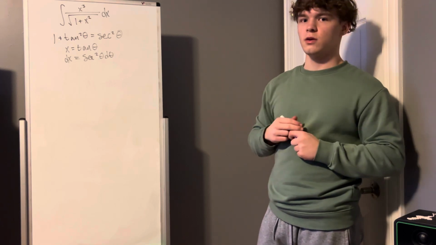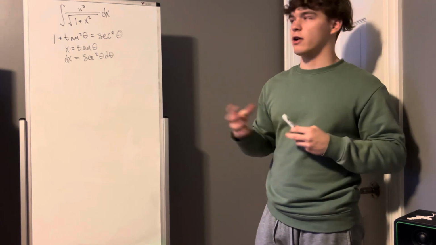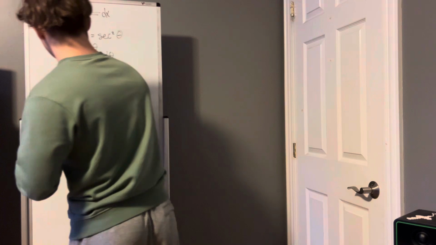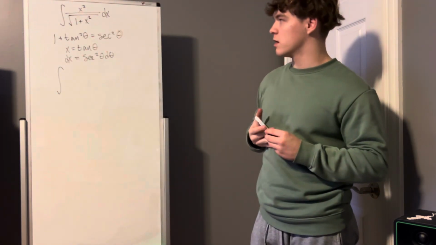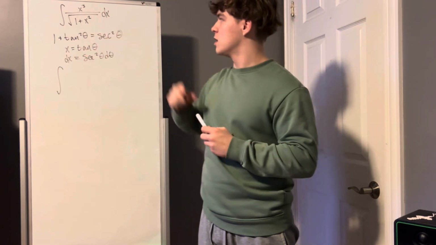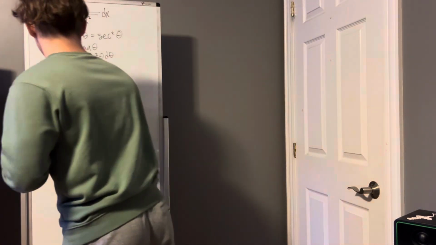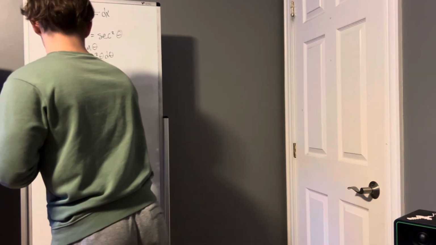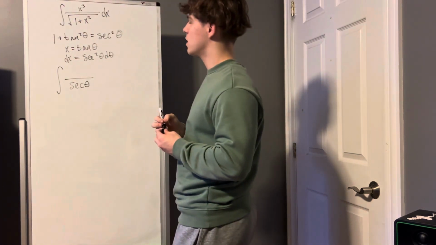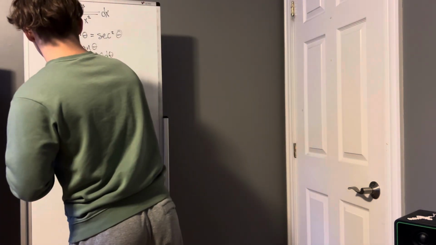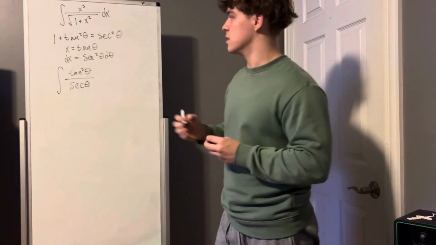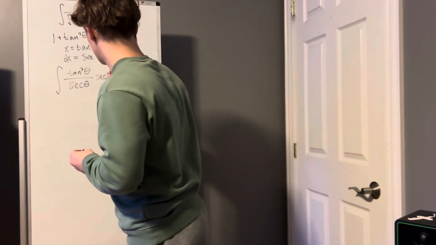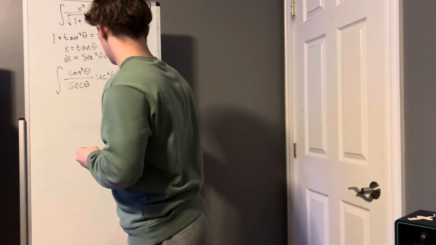Now, all we have to do is rewrite our integral in terms of theta. So we've got our root 1 plus x squared, well, that's just secant theta. Our x cubed is just tan cubed theta, and our dx is secant squared theta d theta.